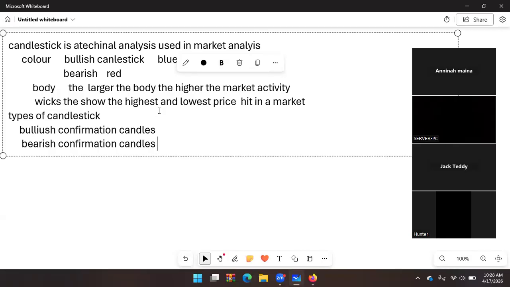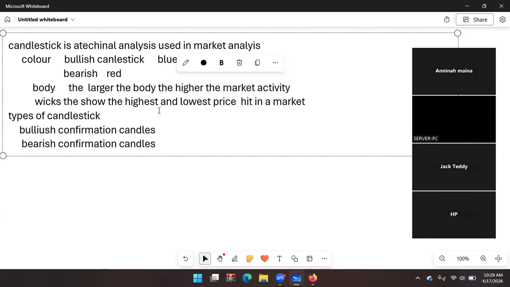These confirmation candles are the candles that we use to enter a market. For example, in a bullish market, we said the market moves by forming higher highs and higher lows.